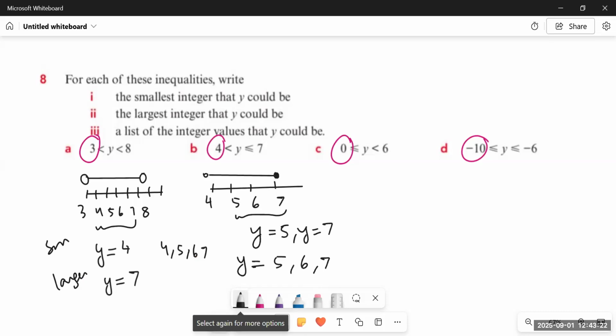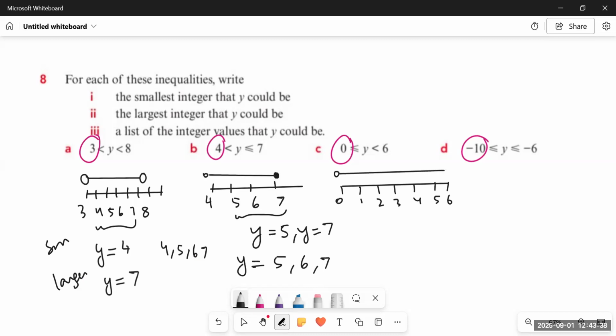Okay. The next one, the number starts from 0 till 6. So we will draw the line accordingly. -1, 0, 1, 2, 3, 4, 5, 6. Then we will draw a line over here, over and above these digits. We will look for the equals to sign. Here we have equals to sign with 0 but not with 6.